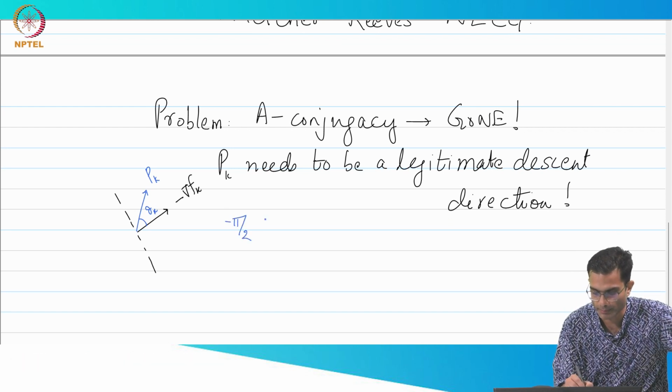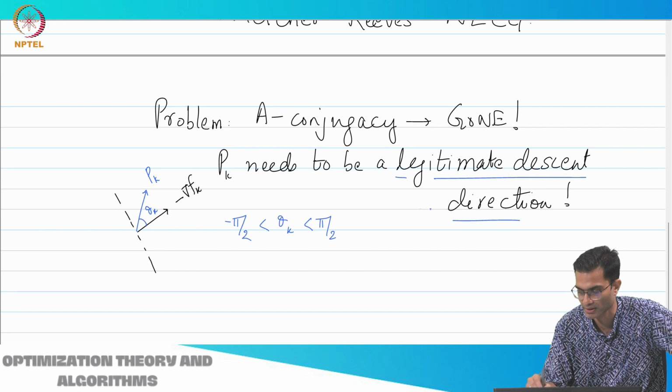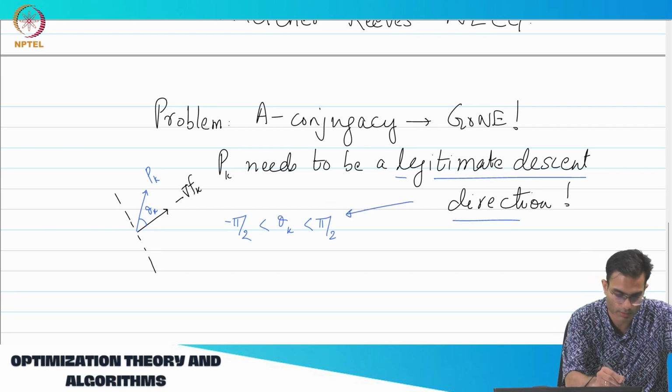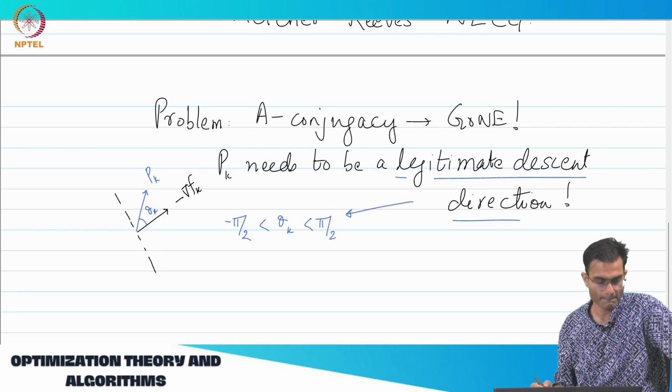From minus pi by 2 to pi by 2. That was the meaning of legitimate descent direction, just as a refresher.